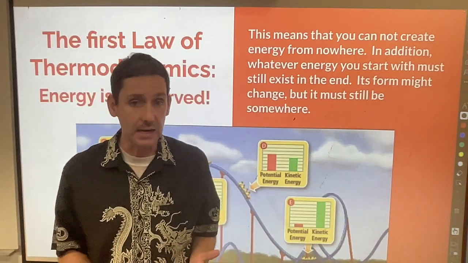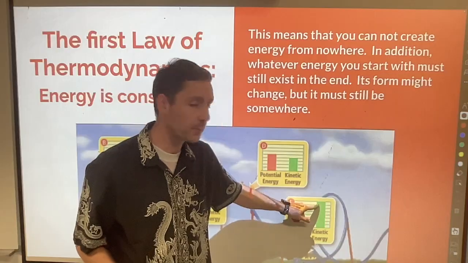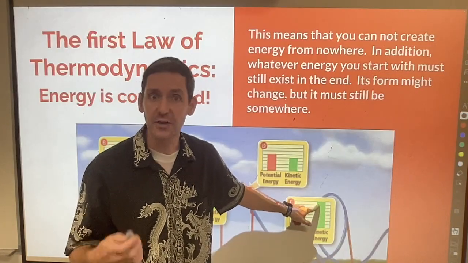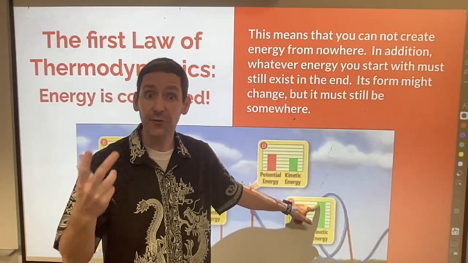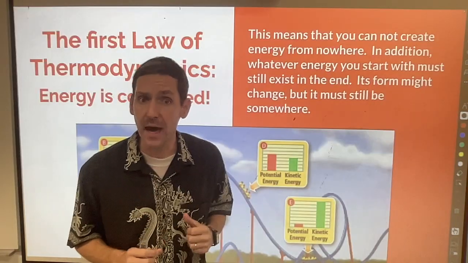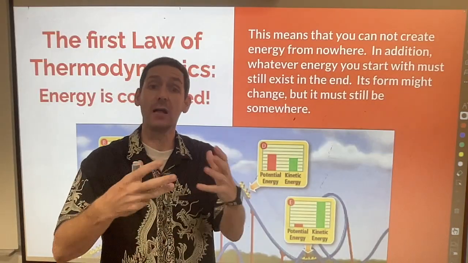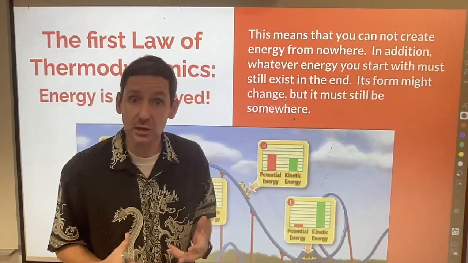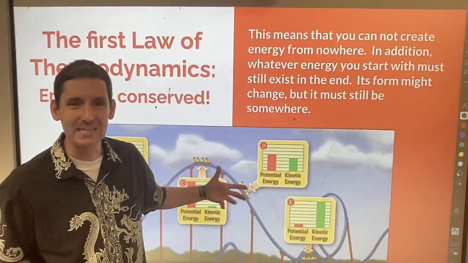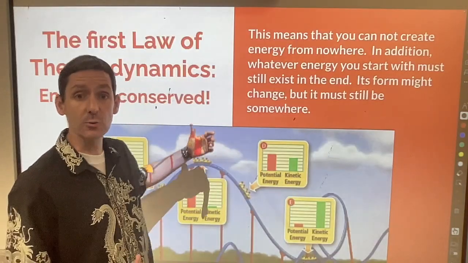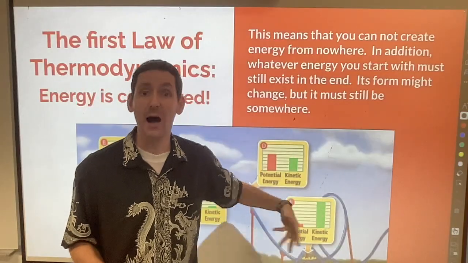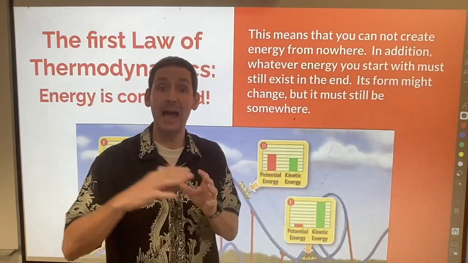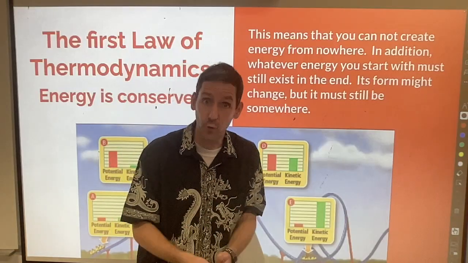Realistically, some of that energy is probably lost due to friction. There's sound, there's heat, there's different things happening. So we're probably going to lose some of that energy. But if we say there's no friction, then we can say that energy is conserved. Whatever energy we start with, we have to end with, unless there's something taking it out, turning it into a new form.